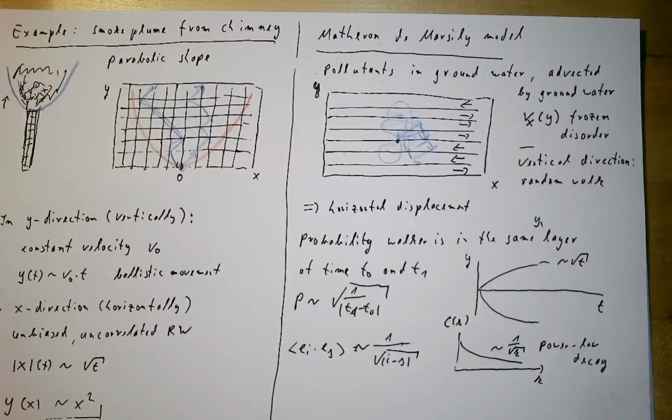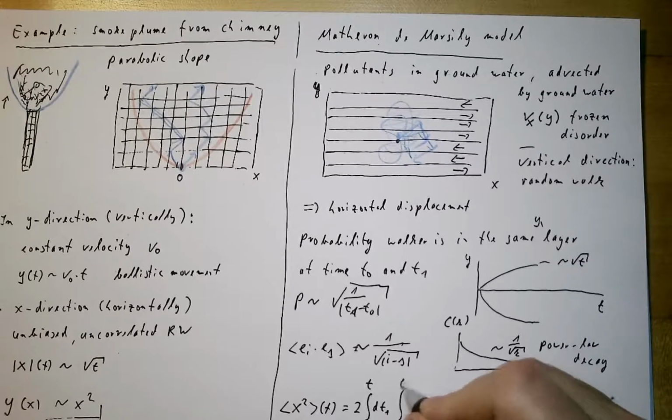And now we want to know what's the typical horizontal position as a function of t. And then we need to calculate our correlation sum. And let's assume we have continuous time. So we integrate from 0 to t over dt1, and then we integrate from 0 to t1 over dt2.